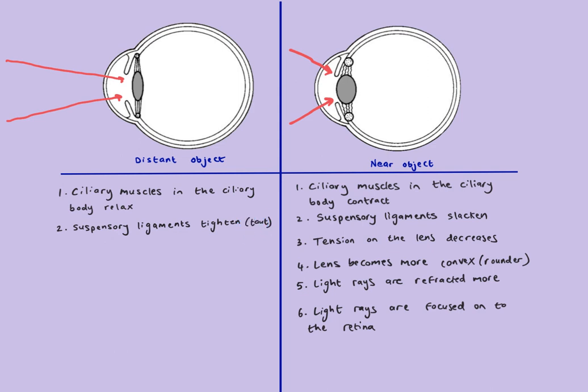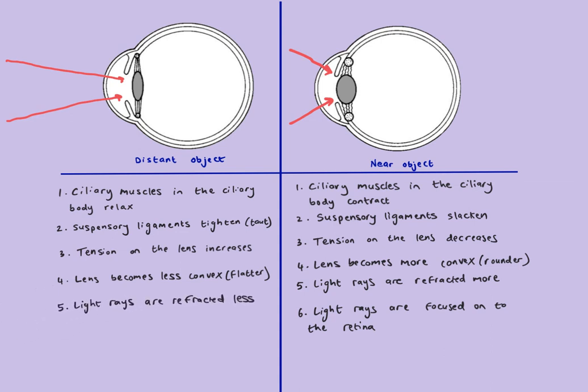The tension on the lens will increase because the lens is being pulled from all sides. So the lens will become less convex, which means it becomes flatter. So light rays will be refracted less because they don't need to be refracted so much. The light rays are coming in at a further away angle. And that means the light rays are then focused onto the retina.